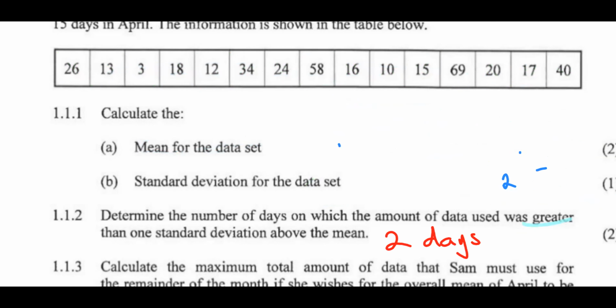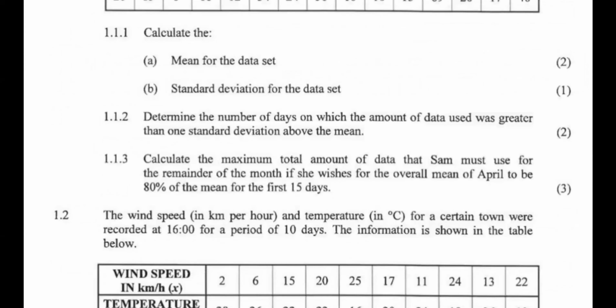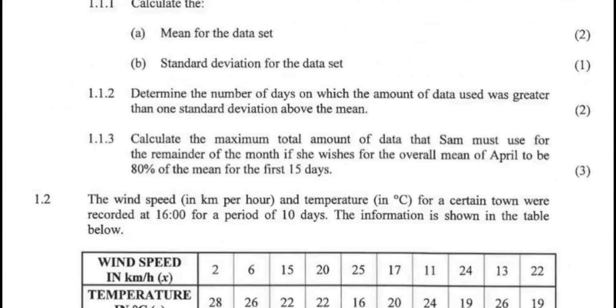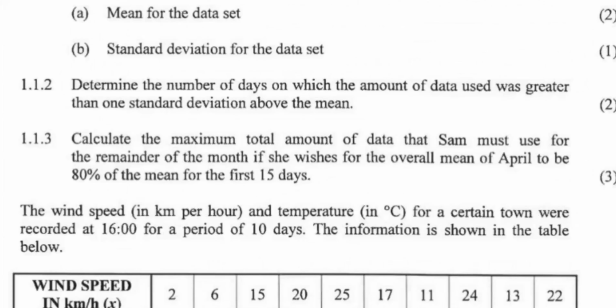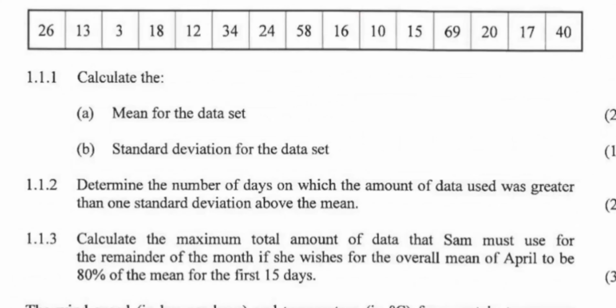Right, moving on. Question 1.1.3, calculate the maximum total amount of data that Sam must use for the remainder of the month if she wishes the overall mean of April to be 80% of the mean for the first 15 days.